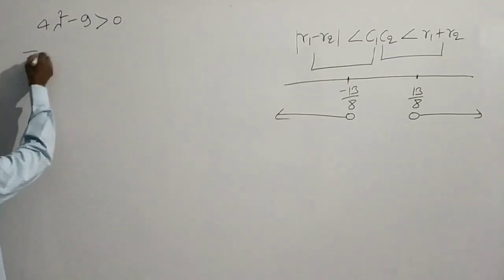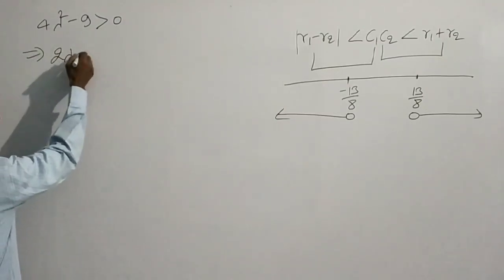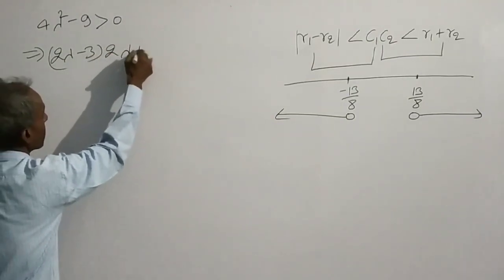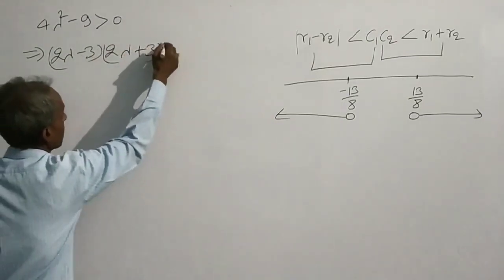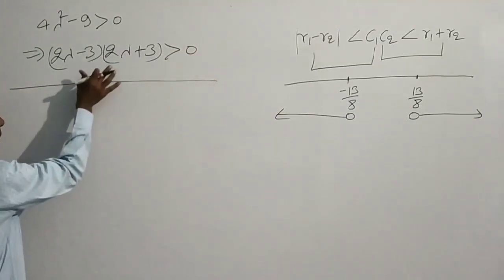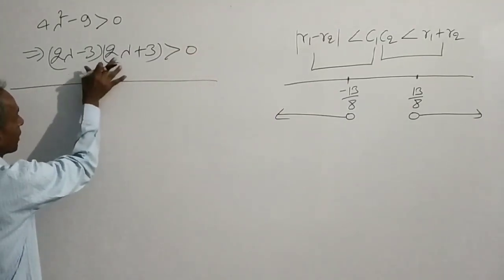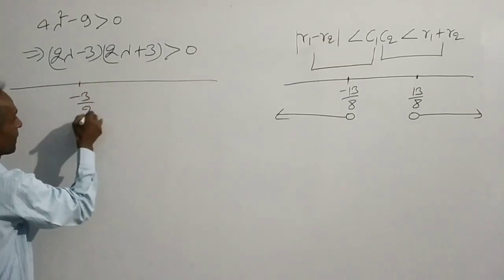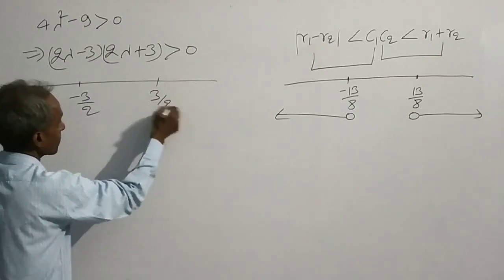4 lambda square minus 9 positive implies (2 lambda minus 3)(2 lambda plus 3) is positive. The roots of the corresponding equation of this expression will be minus 3 by 2 and 3 by 2.